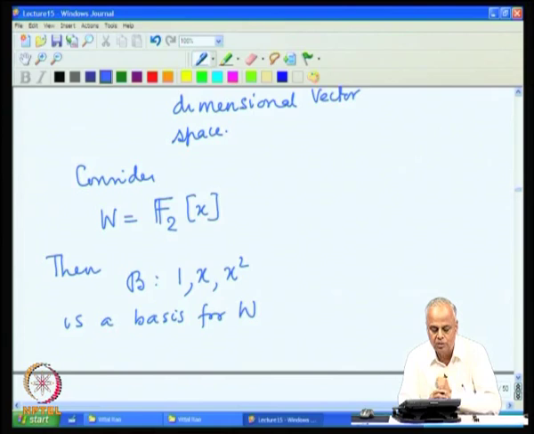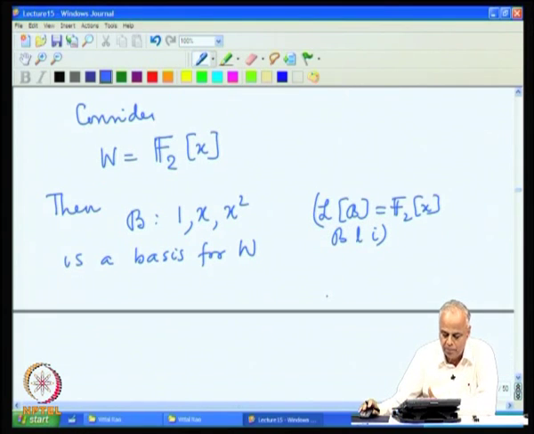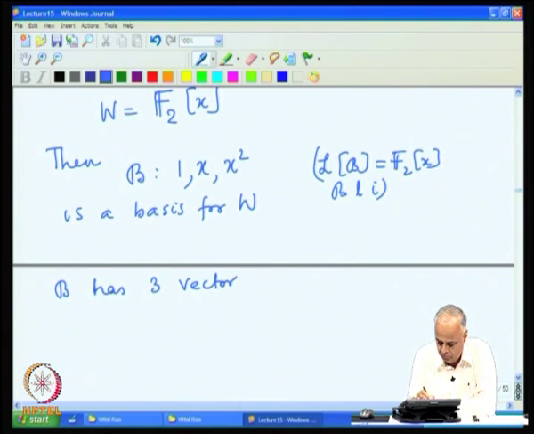So, 1, x, x squared span the space and they are linearly independent, and therefore, it is a basis for W. And B has 3 vectors, and therefore, the dimension of this subspace F 2[x] is 3.